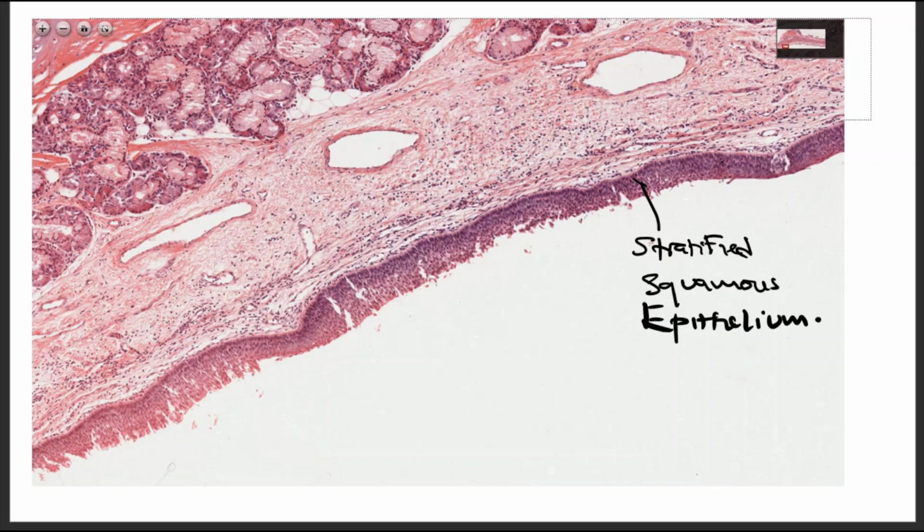And underneath the stratified squamous epithelium, you've got these glands here. Now, this stratified squamous epithelium, if you follow it very carefully, changes into columnar. So this is simple columnar epithelium. What is happening is that the false vocal fold here will now change and enter the ventricle.